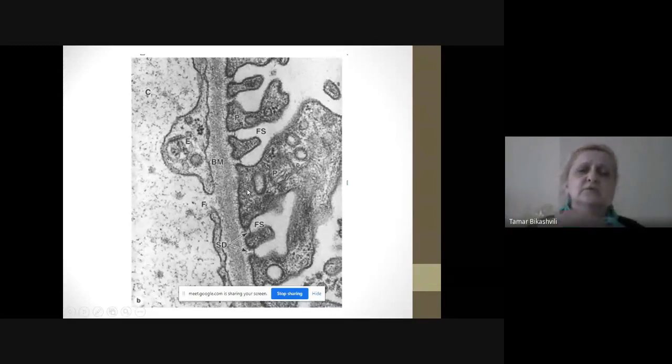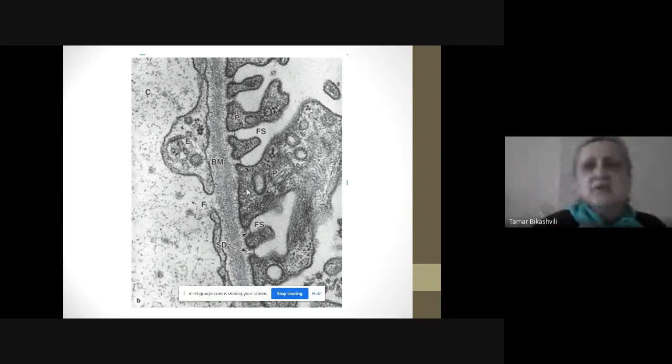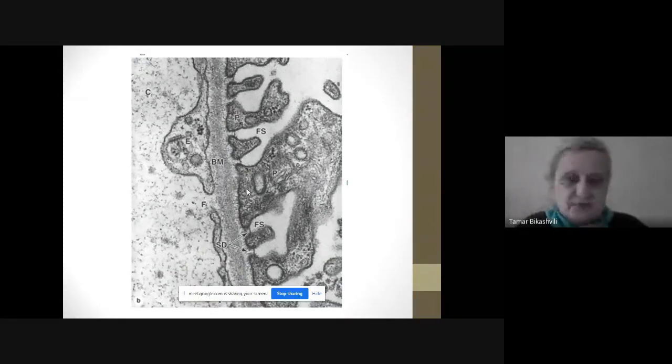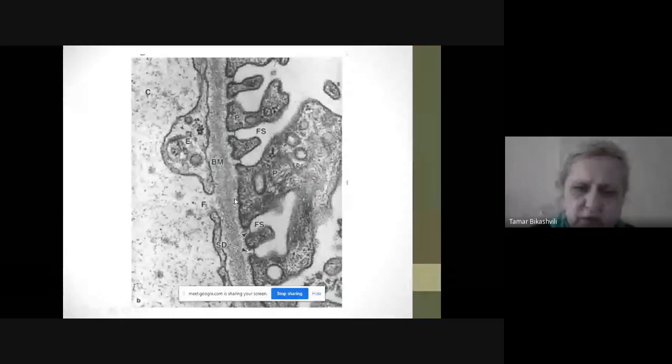Now, what about the podocytes? The podocytes are very large, very specific cells, and they have processes, primary and secondary processes. The filtration apparatus involves secondary processes, and they have a specific name: pedicels.